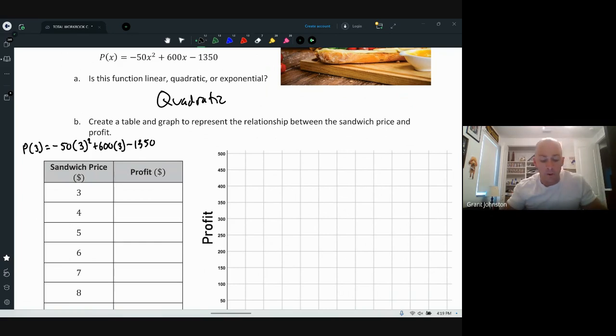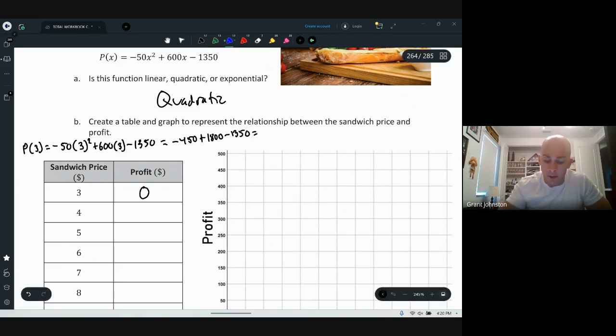So I'm substituting 3 in there. 3 to the second power is 9. Negative 50 times 9 is negative 450. 600 times 3 is 1,800 minus the 1,350. So I got negative 450 plus 1,800 minus 1,350, 0. So I plug that in, I got 0.